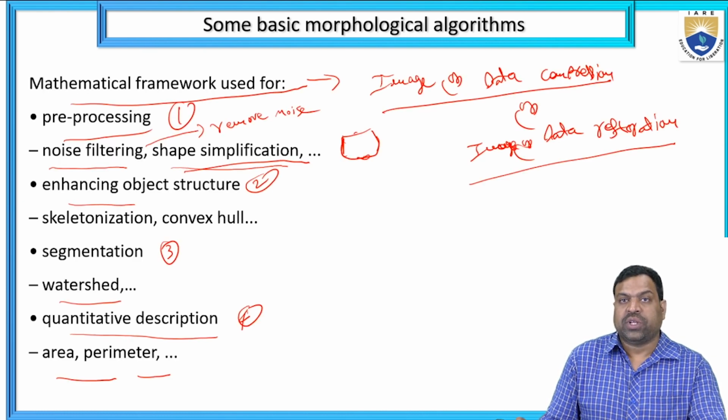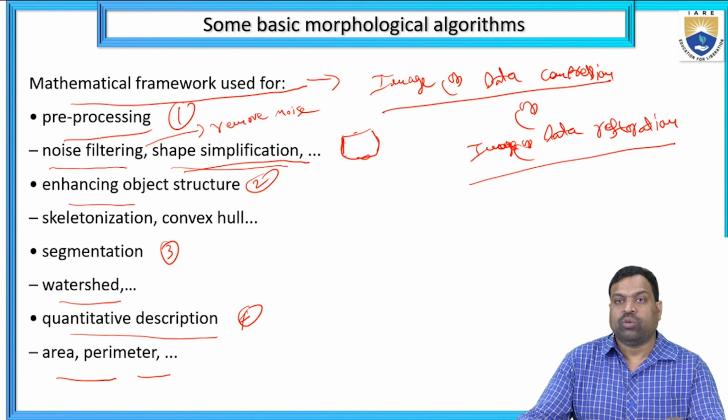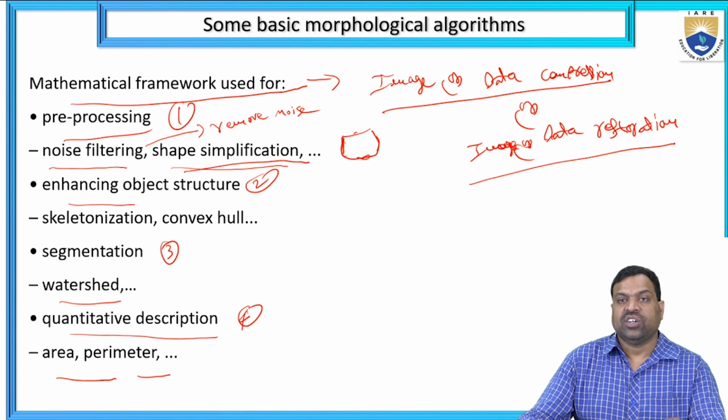And what are the mathematical frameworks that are used? Pre-processing, noise filtering, shape simplification, enhancing object structure, skeletonization, convex hull, segmentation, watershed, quantitative description, area parameters. These are the mathematical frameworks.